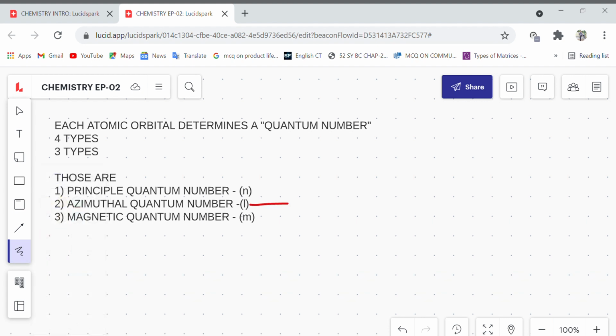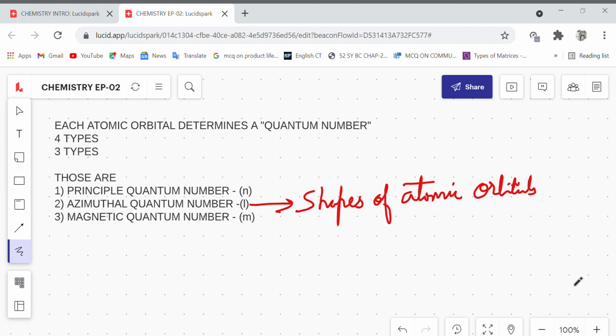So the azimuthal quantum number describes the shape of atomic orbitals occupied by the electron.